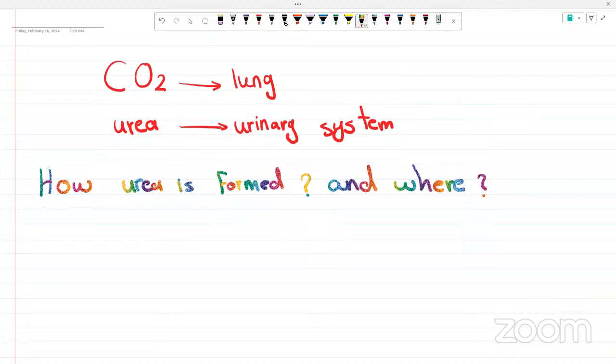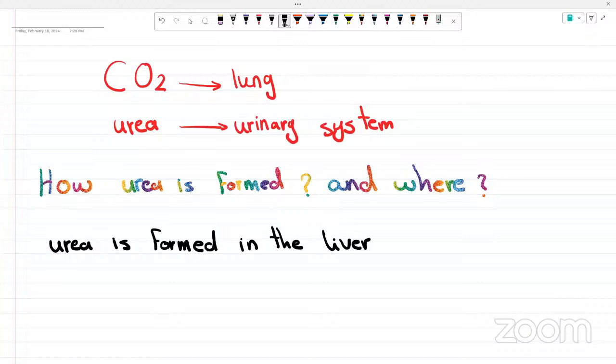First of all, you should know that urea is formed in the liver. So we answer the point where. Never ever say that urea is formed in the kidney. It's wrong.